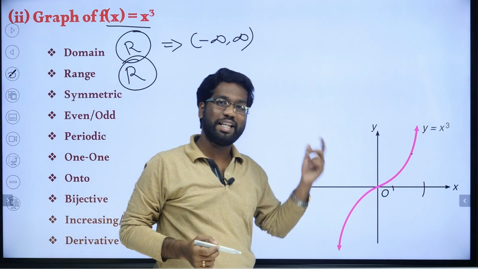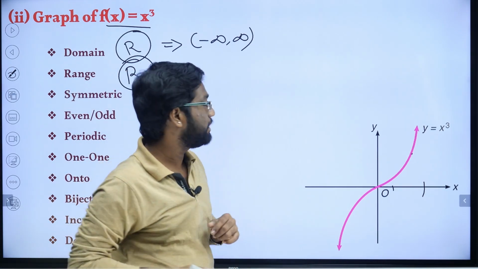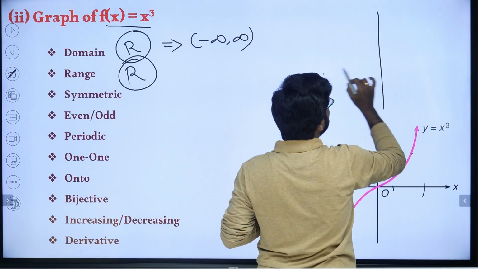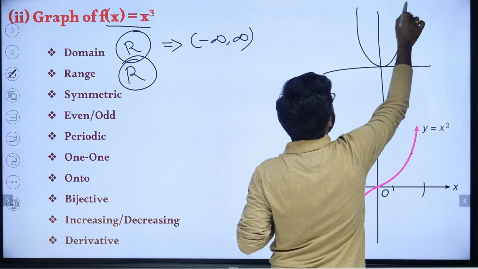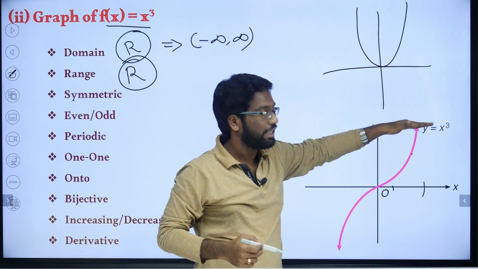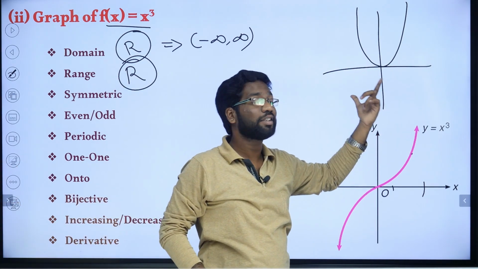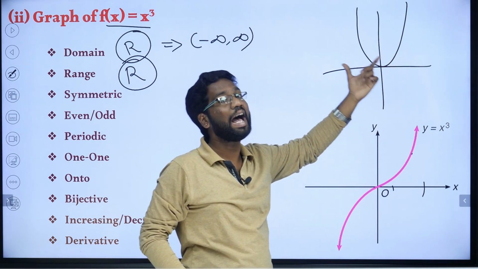But in the last lecture we discussed the x square function, my dear students. In the x square function, the graph is like this, the upward parabola. Since it is the upward parabola, the downward direction is completely omitted. So my range is restricted to positive real numbers as well as 0.